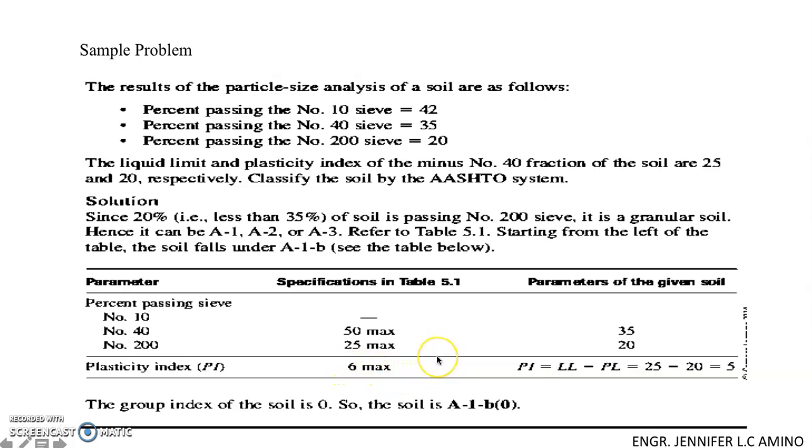So you could actually identify using the number 40 that the soil sample is A-1-B because it satisfies the requirement, which is 50 maximum, and we are given 35. So it can be included in A-1-B for this particular example.